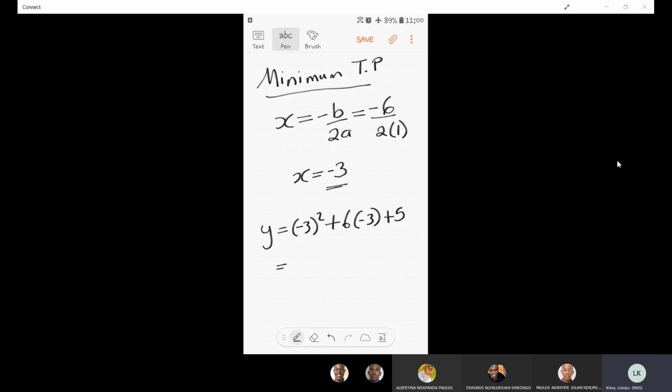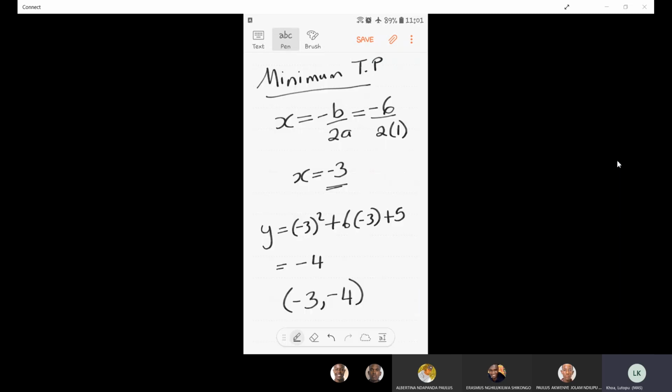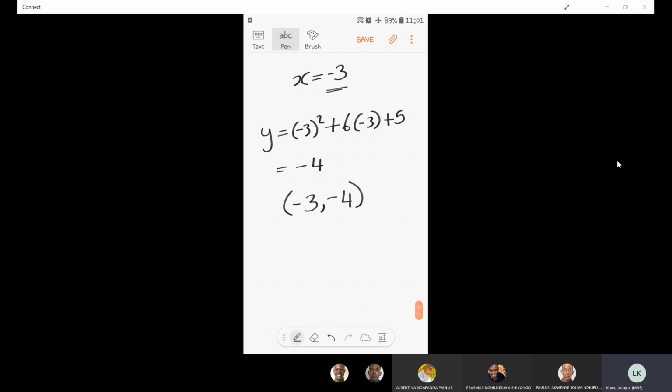This is 9 minus 18 plus 5. You get negative 4. So the coordinates of the minimum turning point are negative 3, negative 4. So that's the first point you're going to plot.